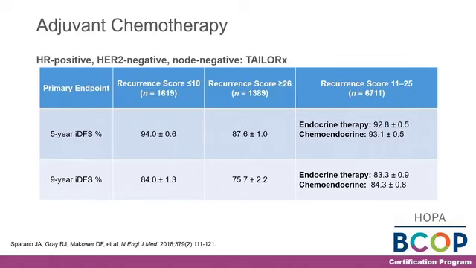And you'll see that in the patients who had a recurrence score on the far right of 11 to 25, there was not a huge difference in 5-year or 9-year survival in the patients who received endocrine therapy alone versus what they called chemoendocrine, which is chemotherapy followed by endocrine therapy, which is what led to recent changes in the NCCN guidelines and consensus guidelines in general on how to treat patients who have an Oncotype recurrence score of less than 25.